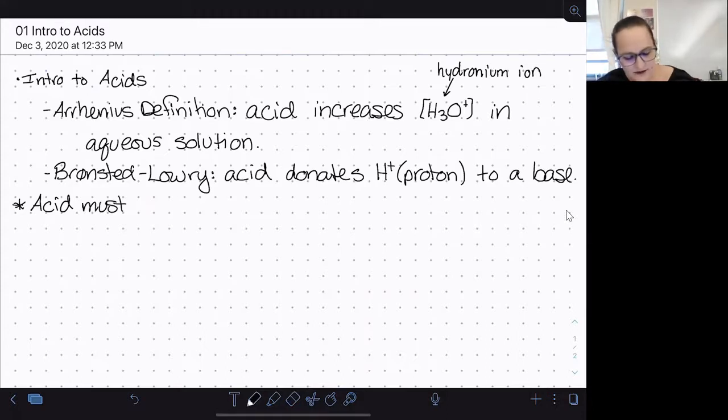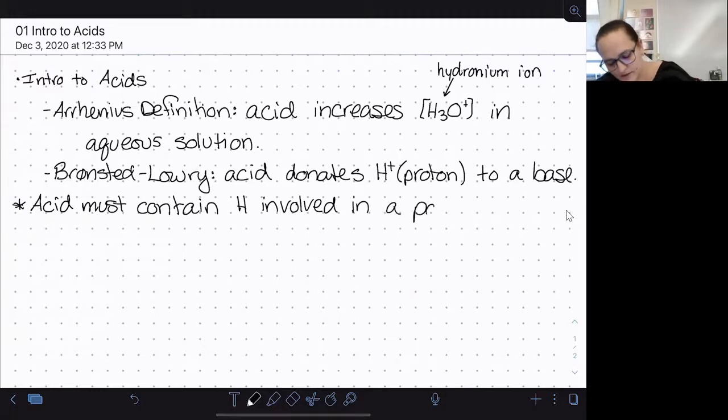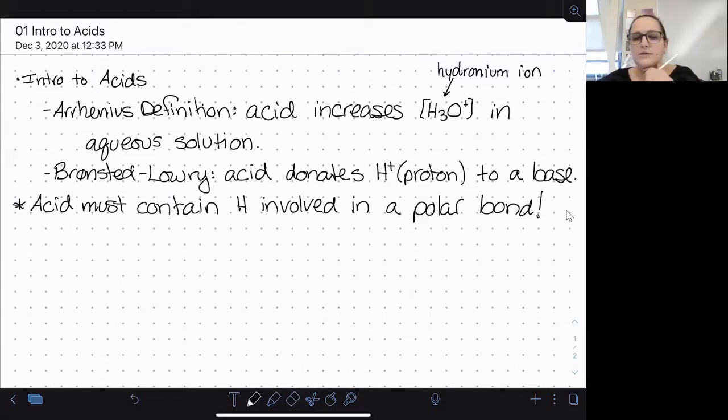It must contain hydrogen involved in a polar bond. So not all substances that contain hydrogen are capable of acting as acids. Not even all hydrogens involved in polar bonds are particularly acidic, but in order to be acidic, they must be involved in a polar bond.